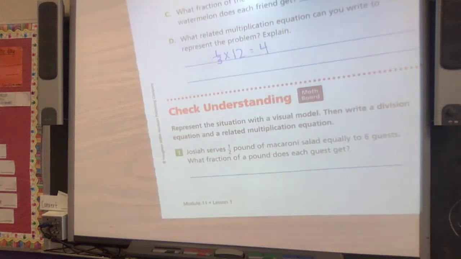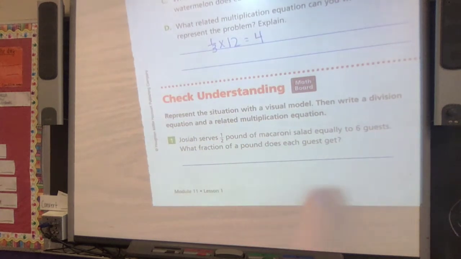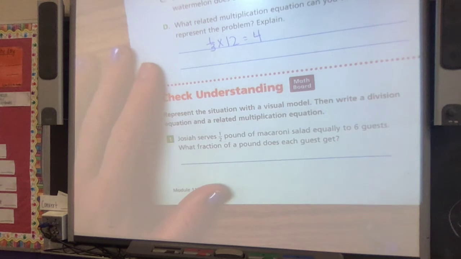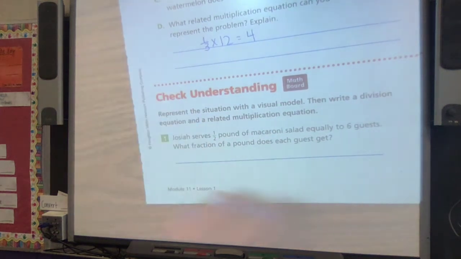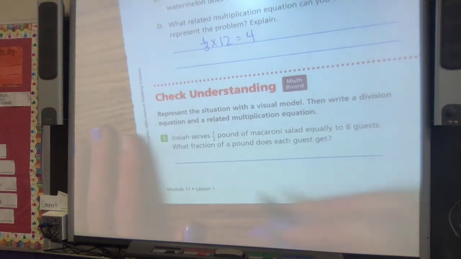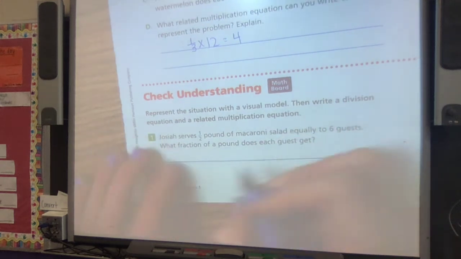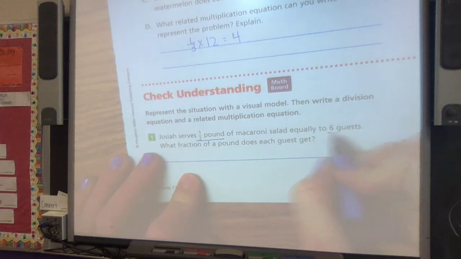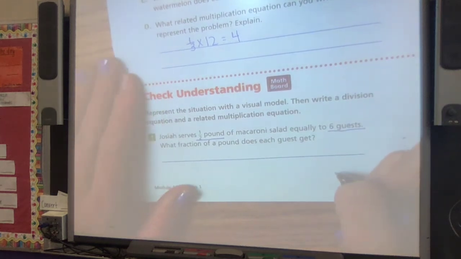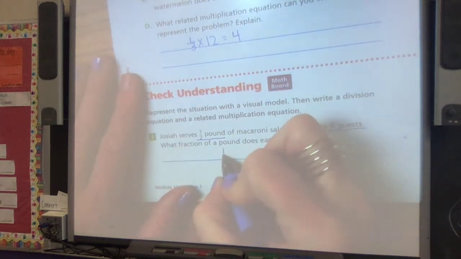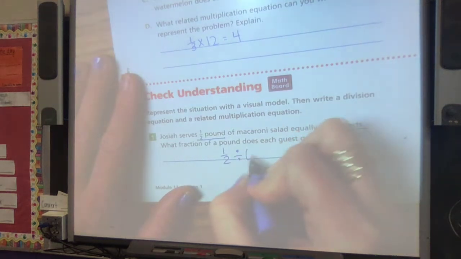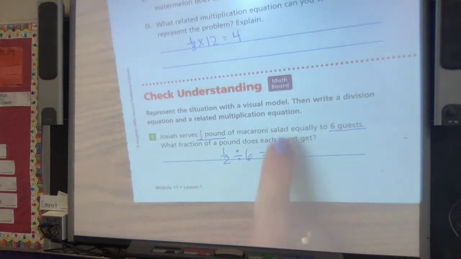Now on the bottom, represent the situation with a visual model, then write the equations that match. Josiah serves a 1/2 pound of macaroni salad to 6 guests. What fraction of a pound does each guest get? Remember, what's being divided here? We have the 1/2 pound of macaroni or 6 guests. What should we be dividing? The 1/2 pound of macaroni divided among our 6 friends.